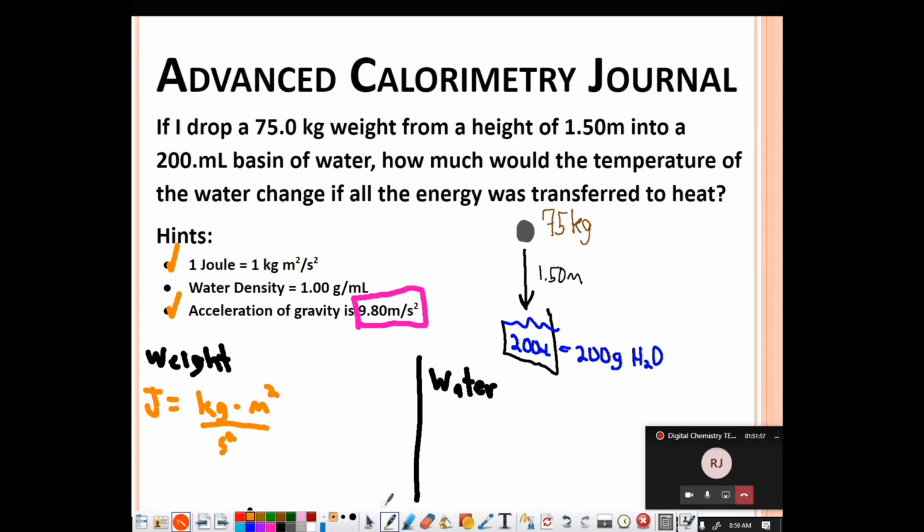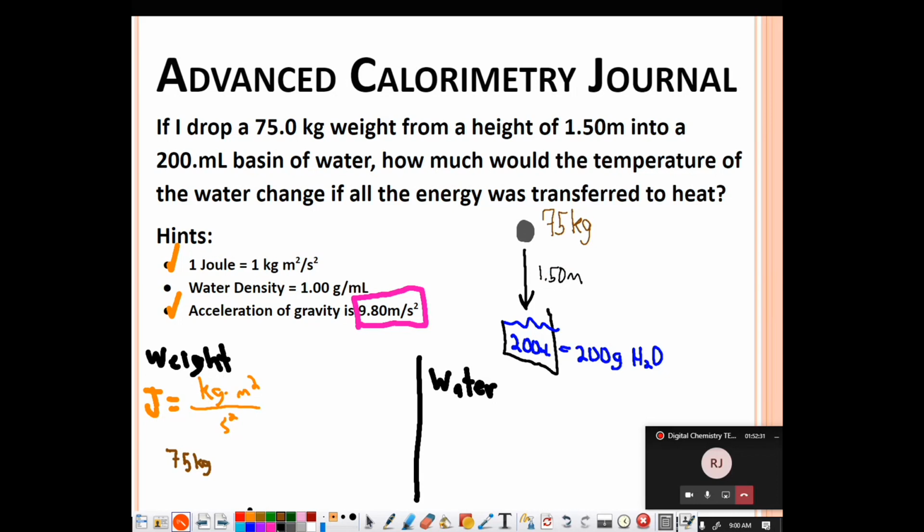And I just realized I did not make that smaller. Let's try that again so that's less sloppy. A joule is kilogram times meter squared over second squared. So if we build these units, we're going to get a joule. Well, we've got the 75 kilograms for the weight. There's my kg.